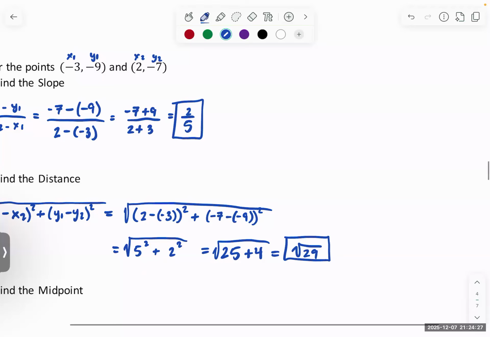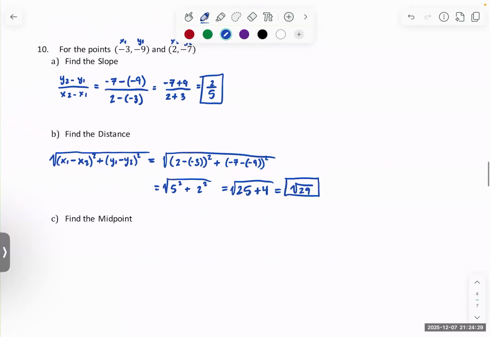And the midpoint is going to be a coordinate. So x1 plus x2 divided by 2, comma, y1 plus y2 divided by 2.